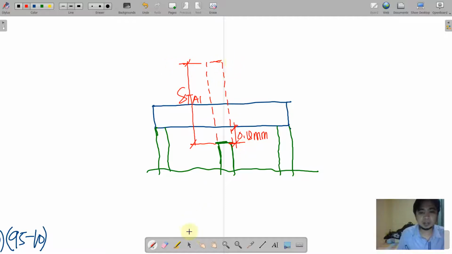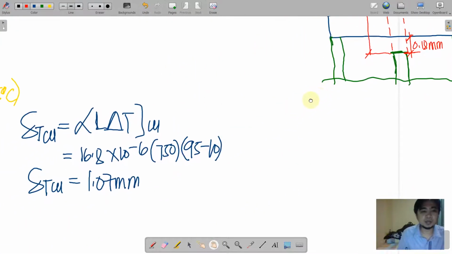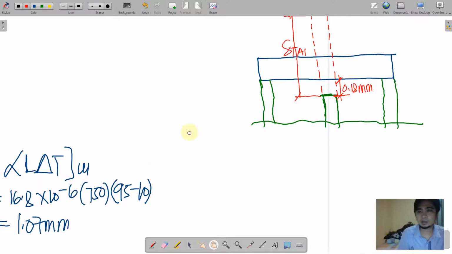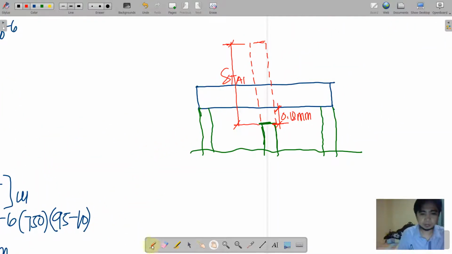Of course, we already have the value of the extension due to temperature of the copper, 1.07. And of course, for this being 1.47 mm, we can now determine the remaining dimension here.